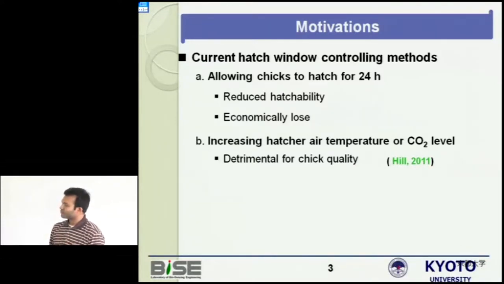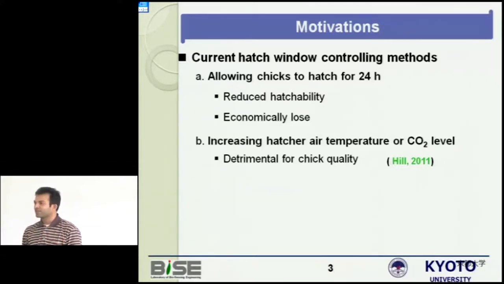Some poultry hatcheries increase the temperature of the incubation air, and sometimes they also increase the carbon dioxide level in the hatcher, which stimulates the hatching time of chicks, but these are detrimental.